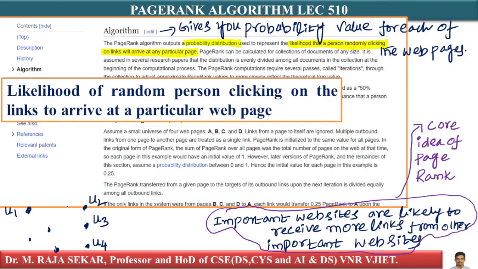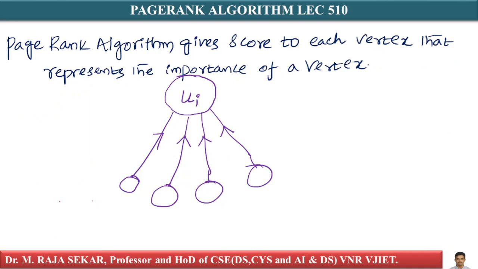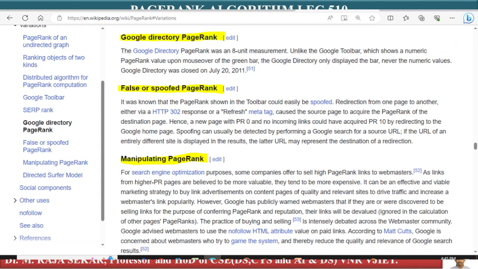There are many variations of PageRank, such as false or spoofed PageRank, manipulating PageRank, Google directory.